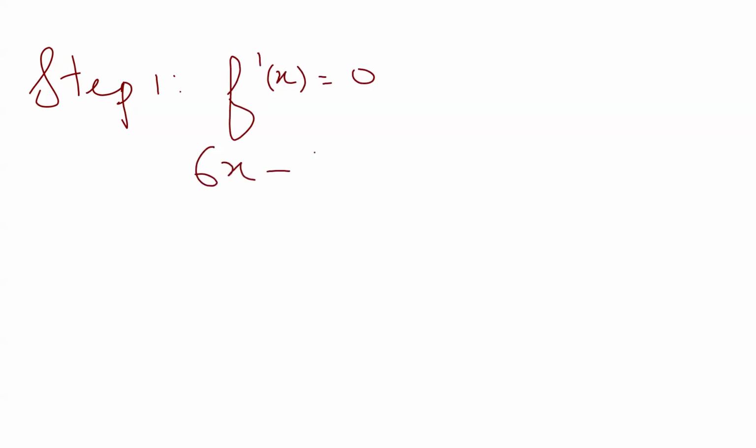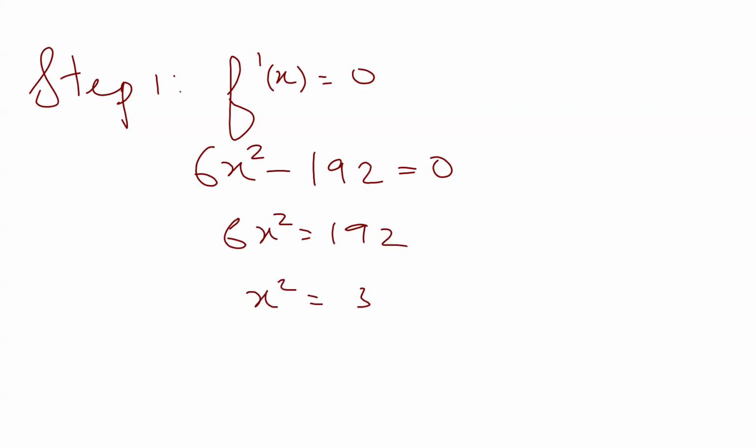So 6x square minus 192 equal to 0. 6x square is equal to 192. X square is equal to 32.